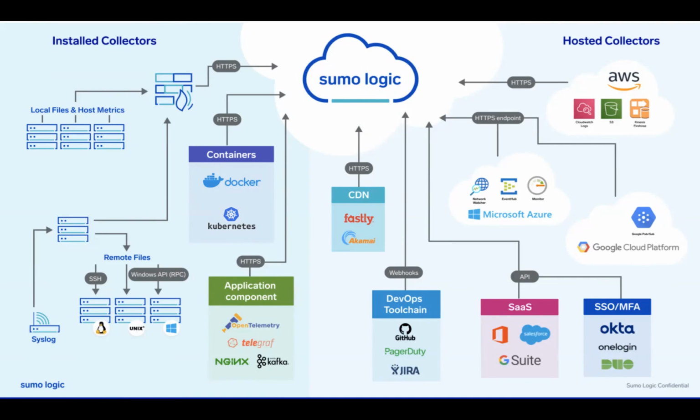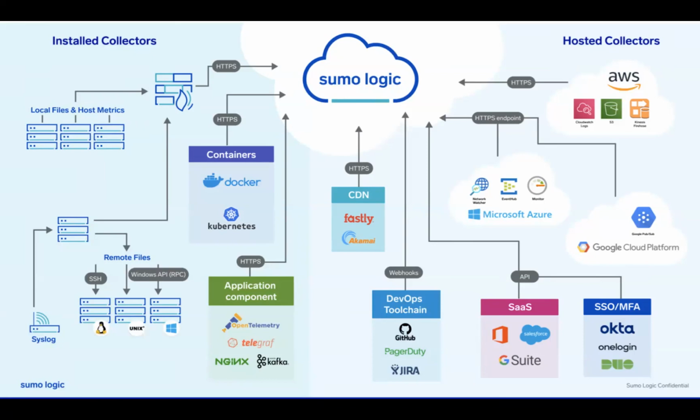On the left hand side, bottom of the screen, centralized collection can also happen. If you have an InfoSec issue, you can have centralized collection for, say, your syslog set of data, or multiple other distributed devices, collected in one single place where the collector is installed, and then sent to Sumo Logic over the HTTPS port. Over the internet, of course.